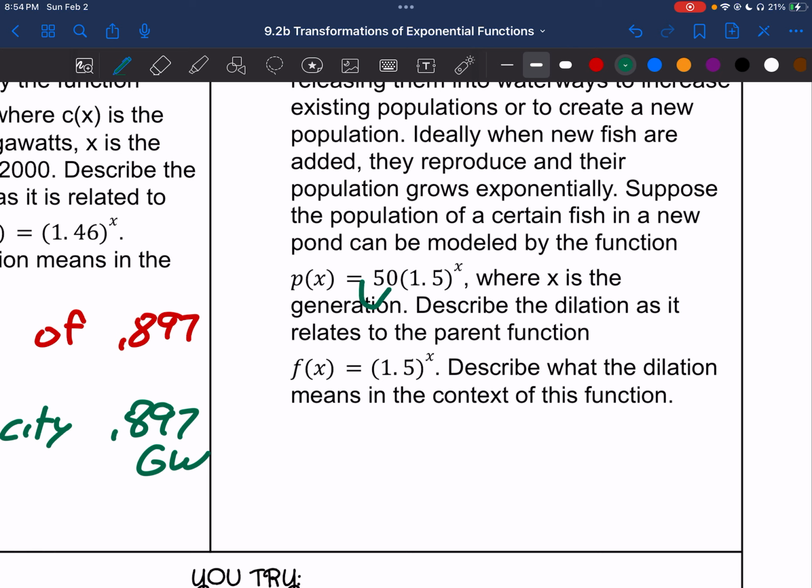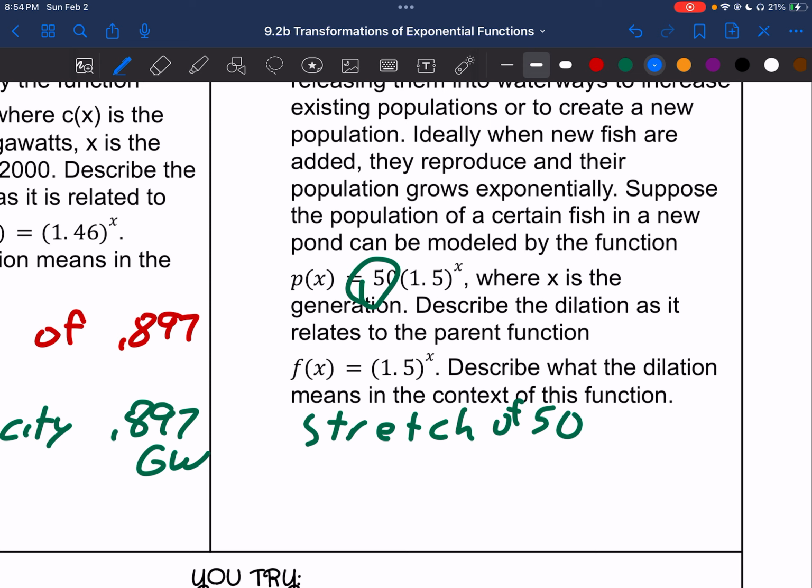So we have the 50 there. So we have a stretch of 50. Okay, so we're stretching it by 50. We're making this graph bigger. But what does this tell us about the context? Well, again, let's think about that year 0, right?